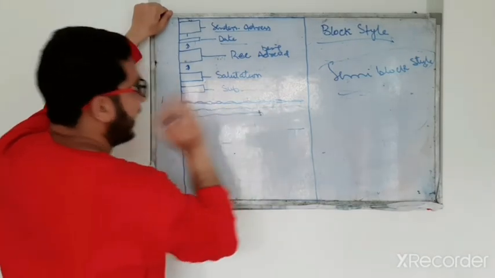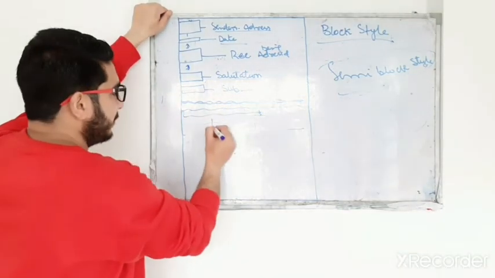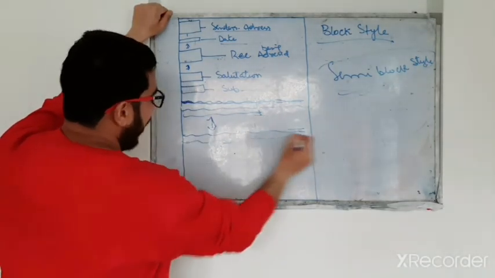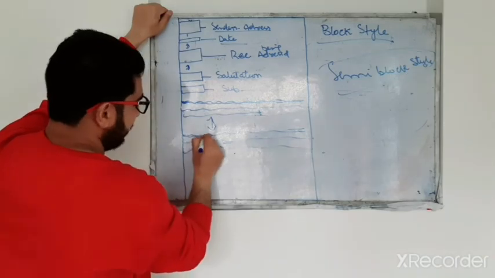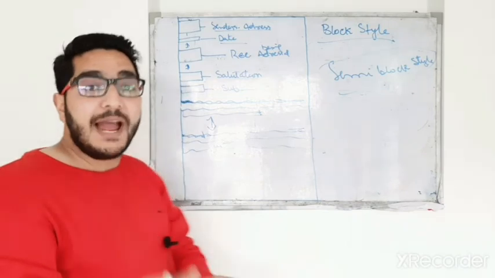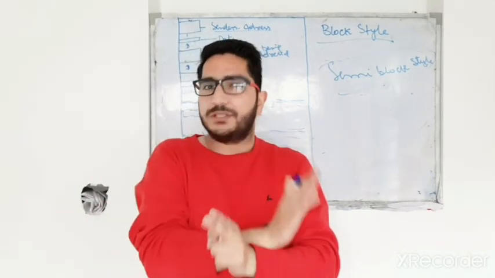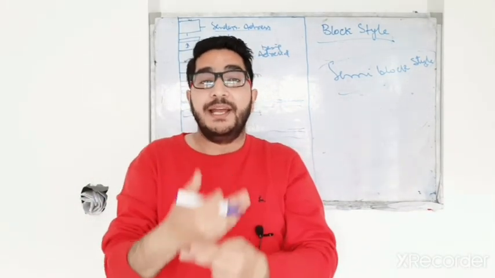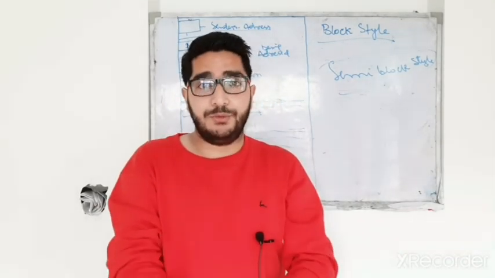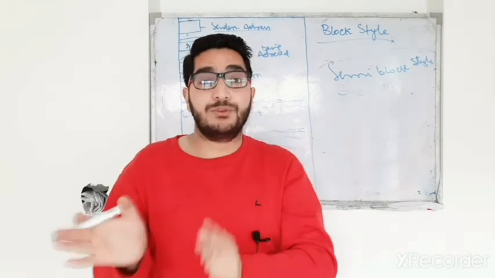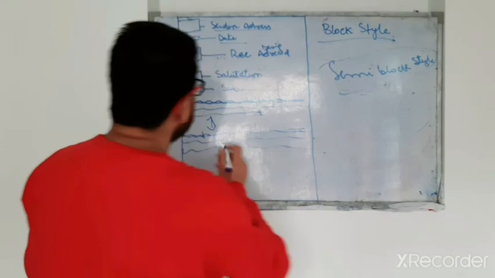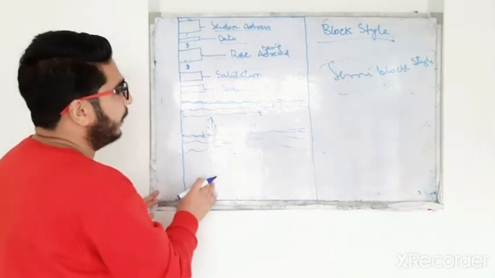For example, when the paragraph is completed here, we leave a line of space and then start writing again, without leaving any spaces before writing the first word of the paragraph. Whether it is the first, second, third, fourth or fifth paragraph, we don't have to leave spaces before the first word. That is how we write the body in block style.